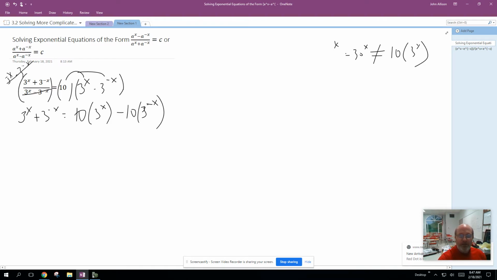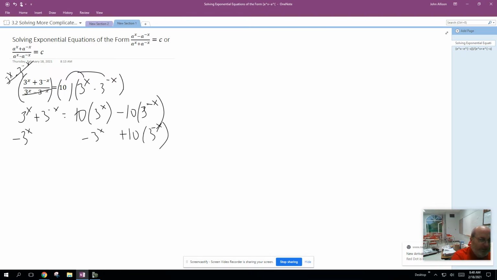So what we have here are terms that we can combine like terms. Our 3 to the x terms are like terms, and our 3 to the negative x terms are like terms. So we're going to subtract 3 to the x from both sides, and we're going to add 10 times 3 to the negative x to both sides.